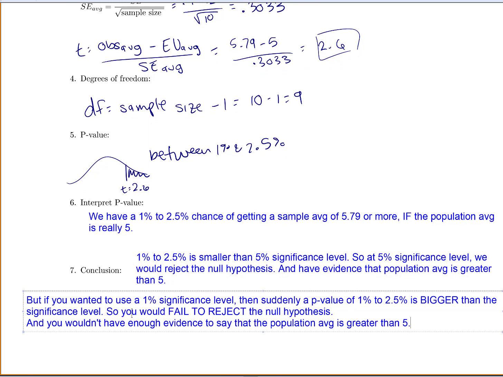So different significance levels can change your answers. Now, does that change the amount of evidence you actually got? No, so we always report our p-value so people can see how much evidence we got. But it does change your final conclusion of what decision you made based on that specific significance level.